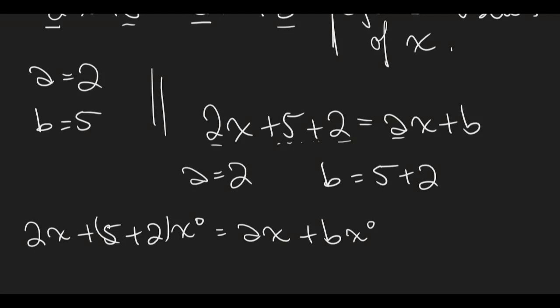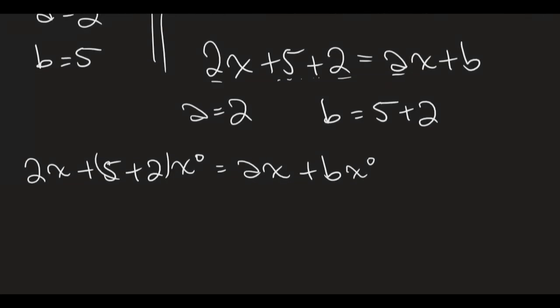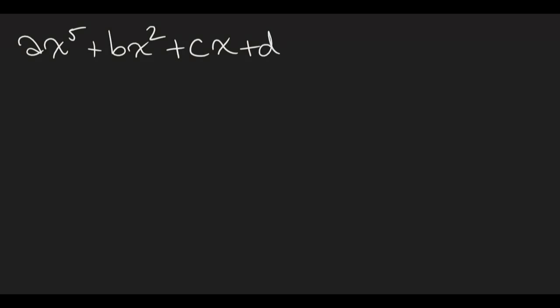So let's have a look at another slightly more complicated algebraic identity. This is a little bit more abstract, but if you get this, it'll help you with all algebraic identities. So ax to the 5 plus bx squared plus cx plus d is equal to px to the 5 plus qx squared plus rx plus s.